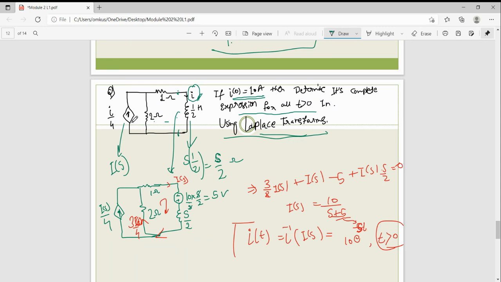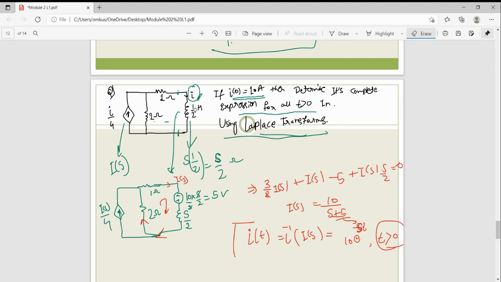Now see, this is a current dependent current source. So I directly write here I by 4 as I of s by 4, right? I of s by 4, and this resistive element is same, and this resistive element is same.